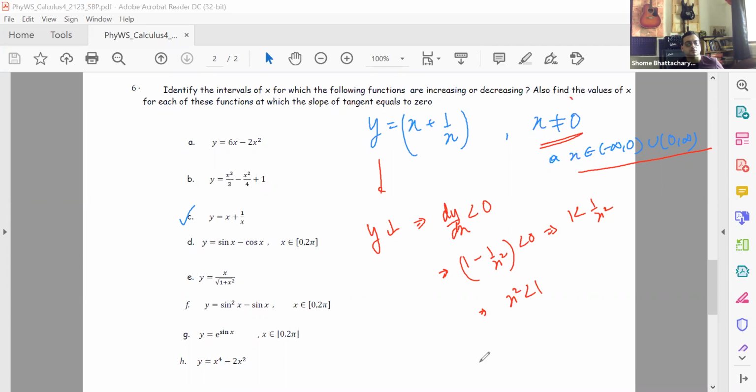So you have to write it like this. So it's minus 1 to 1, but excluding the point x equal to 0, because at x equal to 0, we can't define y.